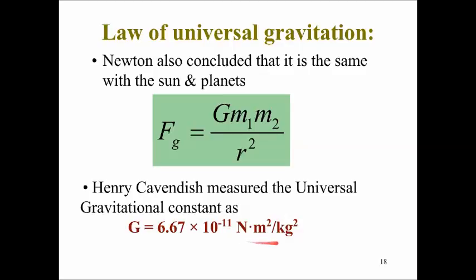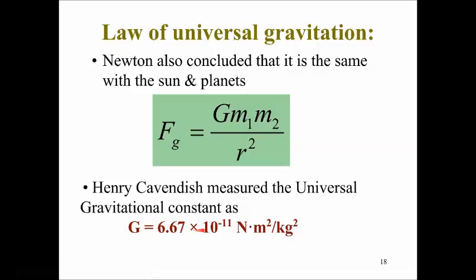The units come about because if you solve this equation for big G, then the product of the masses becomes a denominator, and so that's why we have kilograms squared. And the radius squared would become a numerator, and so that's where we get meters squared. And then, of course, the force is measured in newtons. So we don't put these units in our calculations.